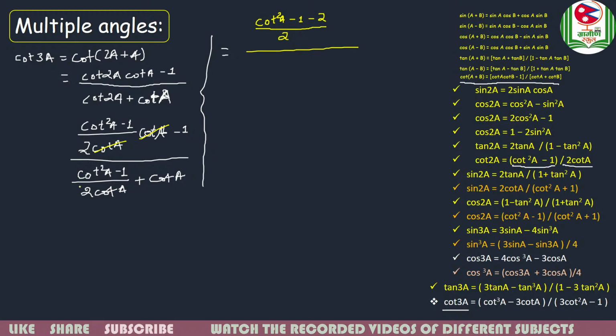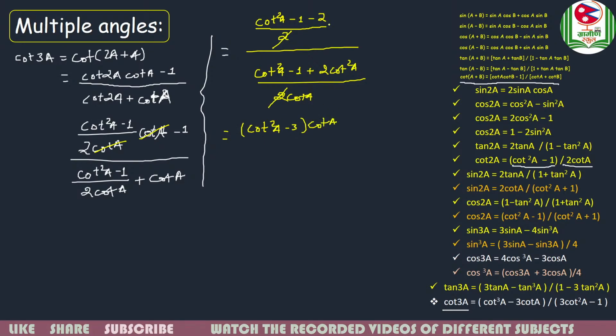Now once again here we will take the LCM. So it is 2 cot A, and then the numerator is cot square A minus 1 plus 2 cot A into cot A, that is going to be 2 cot square A. So here these 2 and these 2 are cancelled out. So it is going to be cot square A minus 3 into cot A.